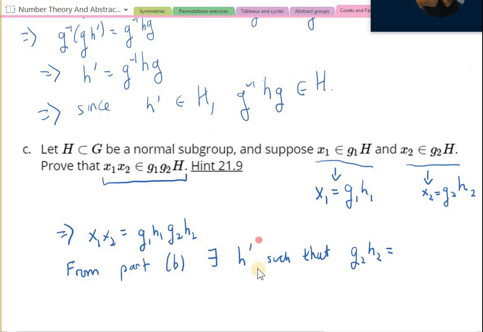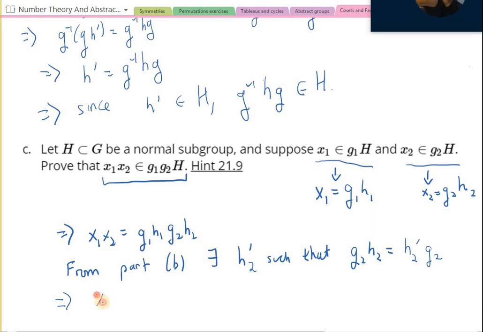You're saying H2 prime, which is fine. Okay, yes, I agree. That's true. So then what will you do with that? I know you got two H's in the middle, yes.